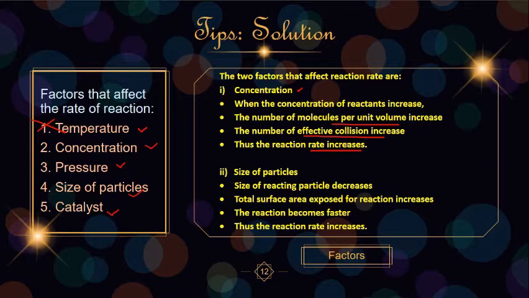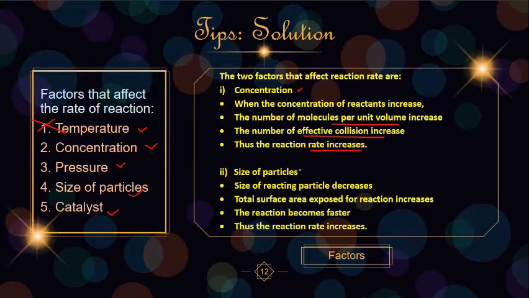You have to remember that there are requirements for an effective collision to occur. You have to make sure it reaches the Ea, which is the minimum energy required to initiate the chemical reaction, and also has the correct orientation. So when the effective collision occurs, the number of effective collisions will increase when you increase the concentration, and the rate of reaction increases.